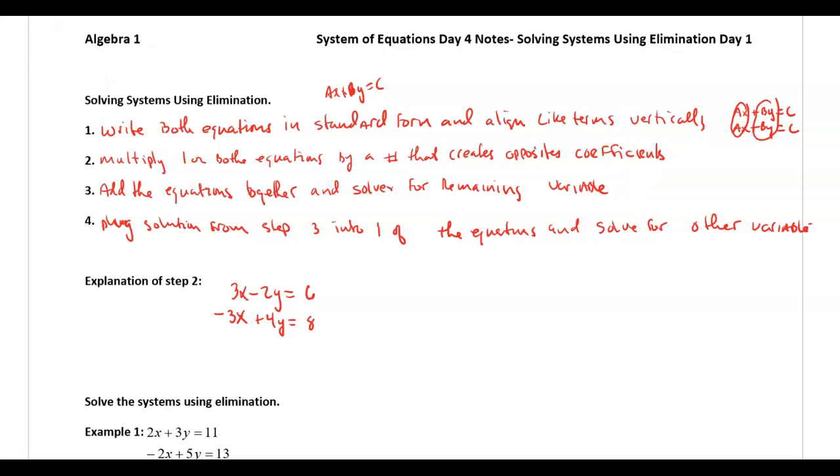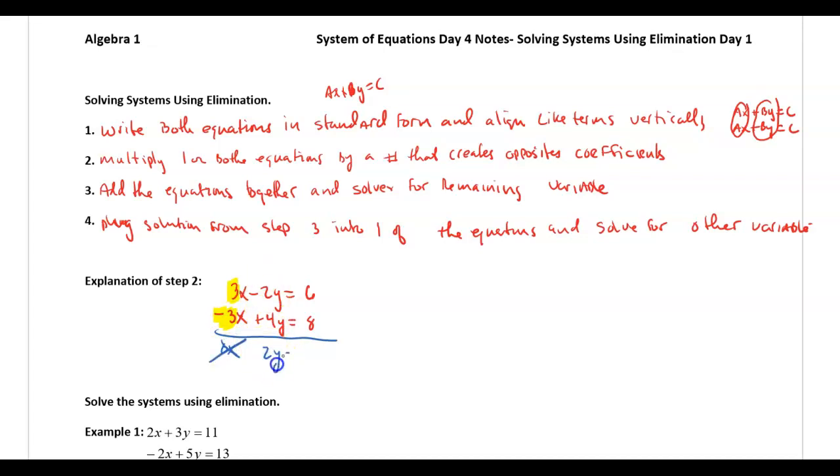And to explain what I mean by that, right now when you look at the x terms, and when we talk about coefficients, we're talking about the numbers in front of the variables. Right now when I look at 3x on top and negative 3x on bottom, that's what I'm trying to create, because when I add these equations vertically, 3x minus 3x equals 0x, which eliminates that term.